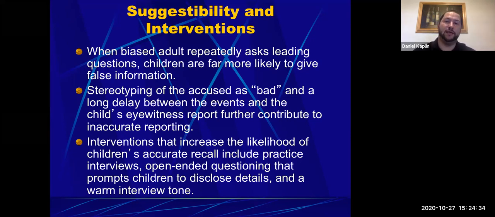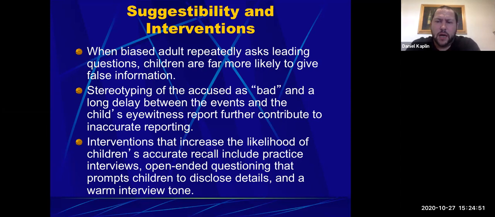That child might start to see the other parent in a negative light. And this is what we call parental alienation. So suggestibility, asking biased questions, could also impact how children tell their stories.